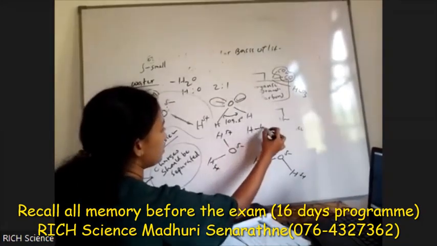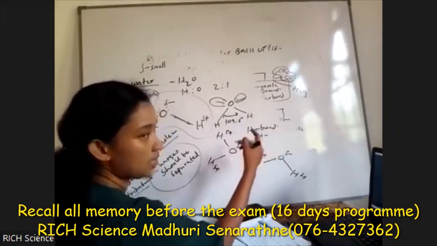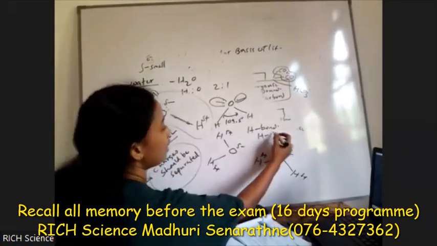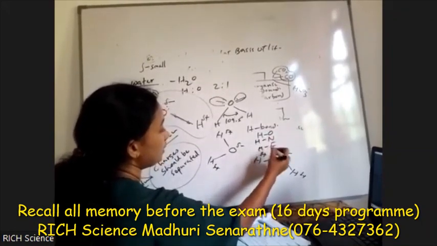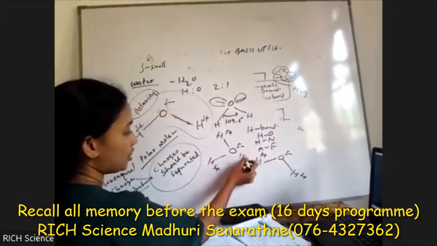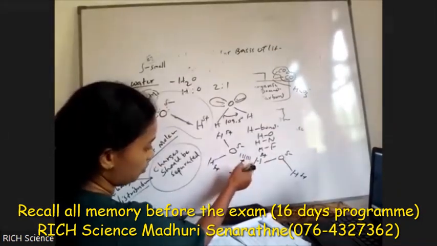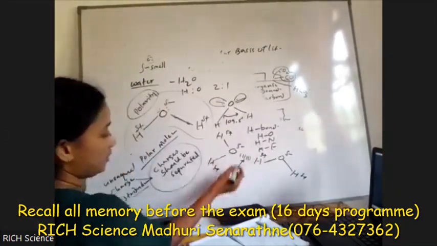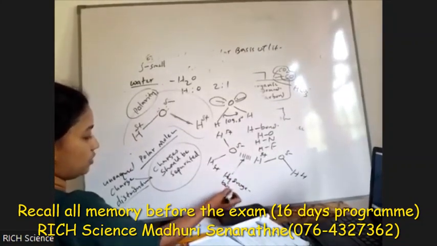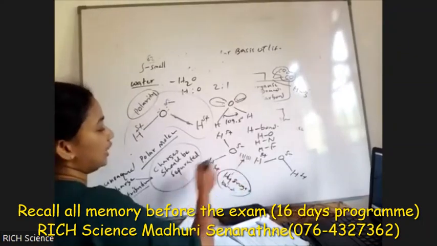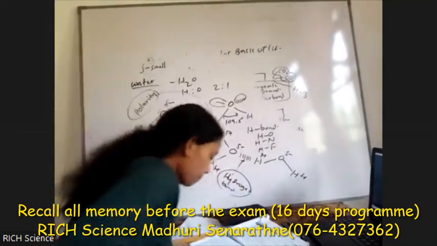To make hydrogen bonds, hydrogen should be bound to an electronegative atom, such as oxygen, nitrogen or chlorine. Here, the intermolecular interaction is a hydrogen bond, between O and H. Okay, this is the hydrogen bond. This is the intermolecular interaction between a water molecule and another water molecule.